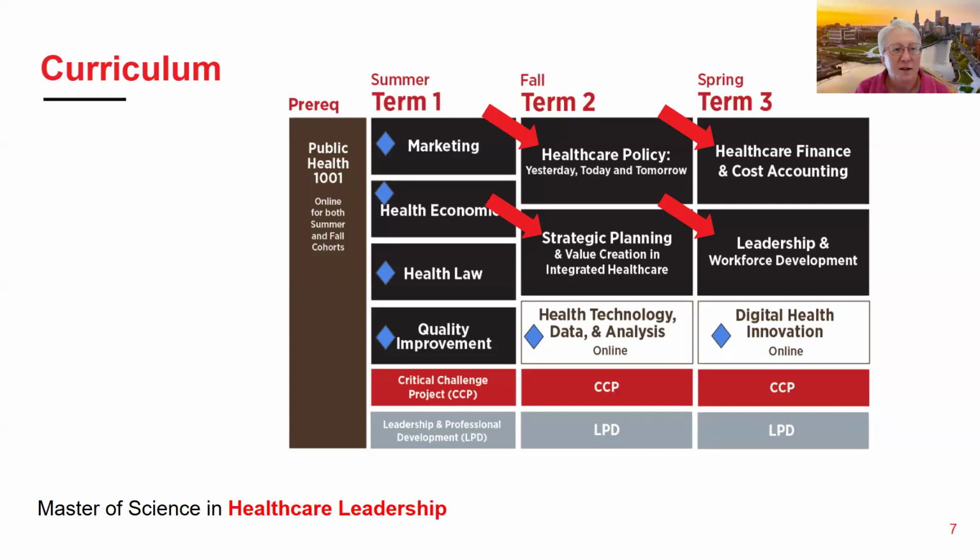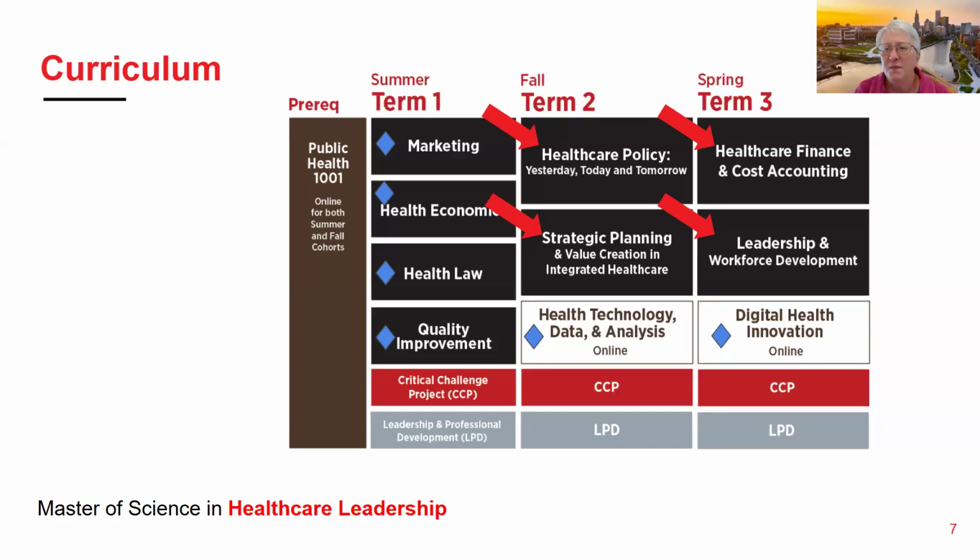So that could be marketing, that could be law and regulation, and the ways that that drives decision making and change, as well as quality improvement and how quality improvement activities can drive change in organizations.